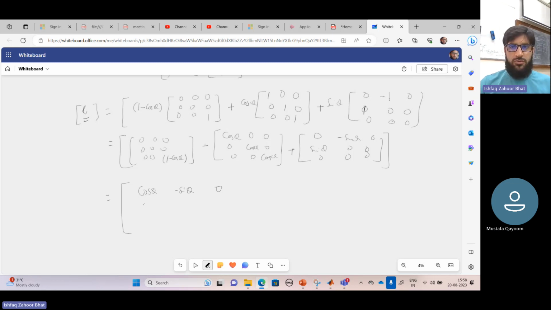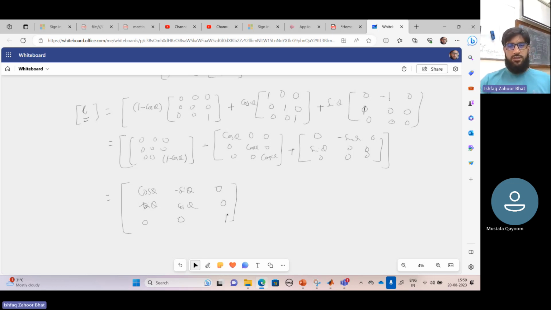Then sine of theta, and here will be cos of theta, and here 0, 0, and then 0, 0, and 1 minus cos of theta plus cos of theta will cancel, and there will be 1 only.